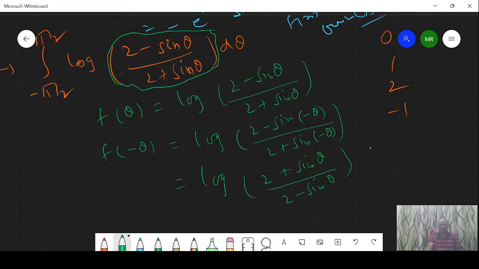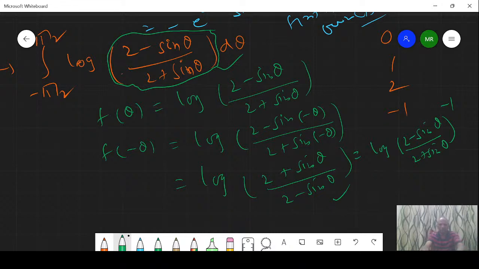If I write the reverse, this expression equals log of ((2 minus sine theta) by (2 plus sine theta)) whole power minus 1, because you compare this and this.